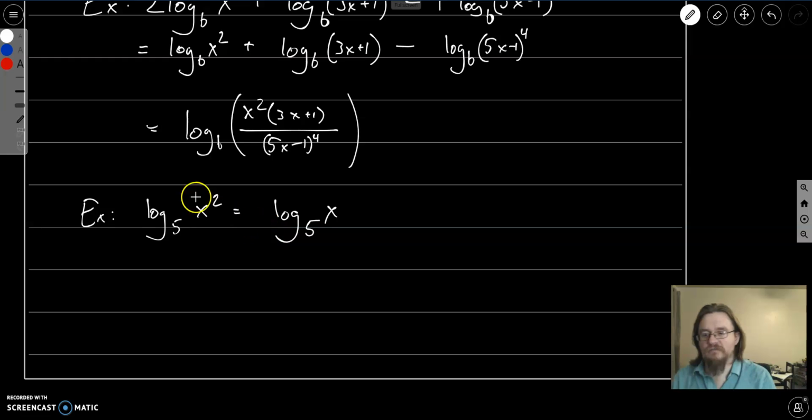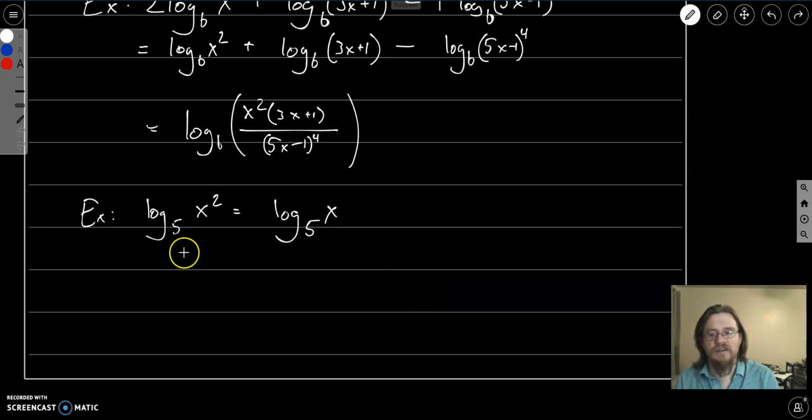So first of all, if we have log base 5 of x squared is equal to log base 5 of x, it stands to reason that x squared should be equal to x. So one way to do this would be to undo the logarithms and get exactly what I just said. In the same way that logarithms undo exponentials, exponentials undo logarithms.